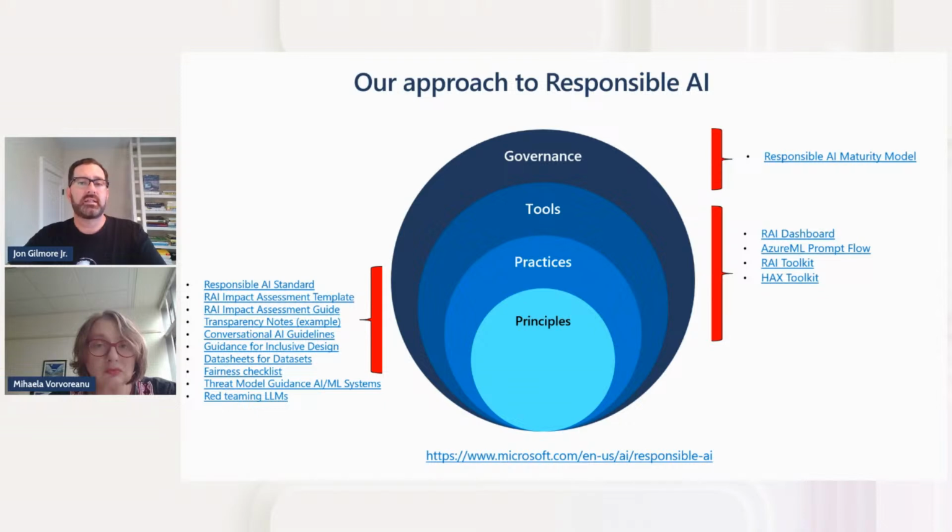And there are also guidelines for designing conversational AI, for inclusive design, a checklist for fairness that describes the kinds of system behaviors that can cause unfairness, guidance for architecting and designing for fairness, and guidance on assessing data for fairness. For machine learning engineers, there's an AI security risk assessment, which is a document to help start a discussion around how to secure AI systems. And for developers, there is a threat modeling guidance for machine learning systems.